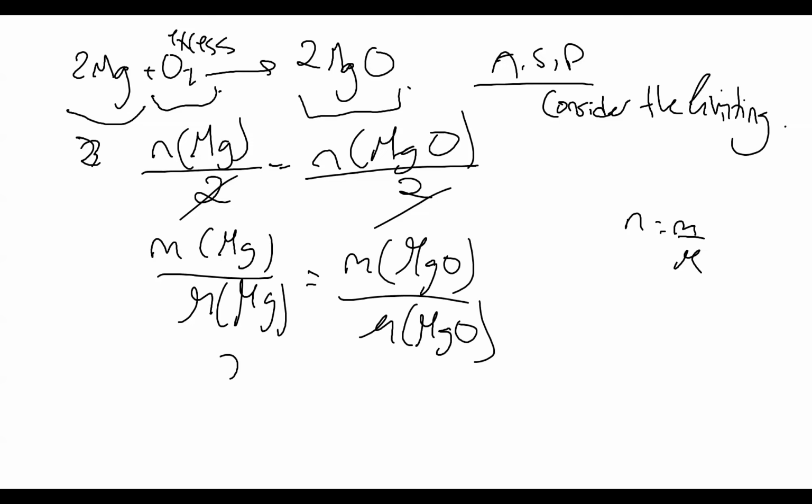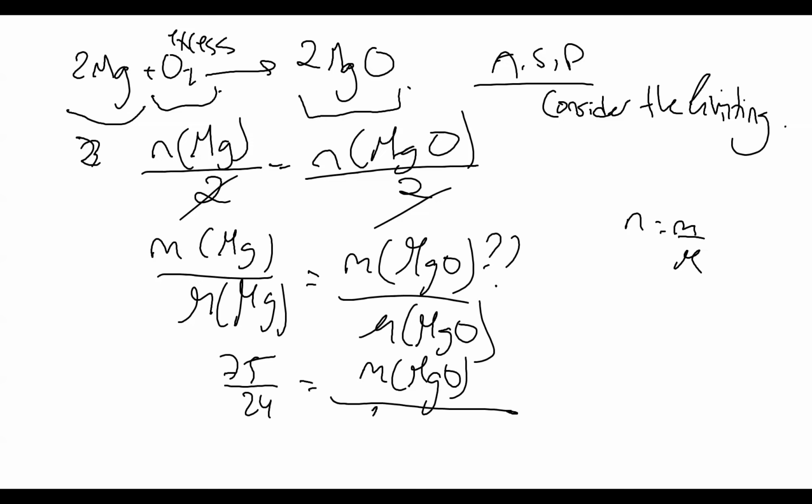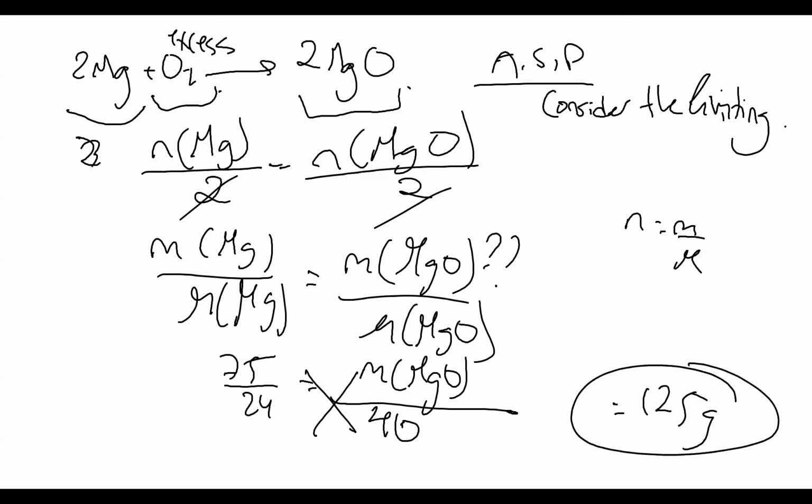So 75 over 24 equals the mass of magnesium oxide, which is the question, over 40. And then you just do the cross multiplication, you end up with a mass equal to 125 grams. If you have any question, just tell me. Is it clear, Ali?